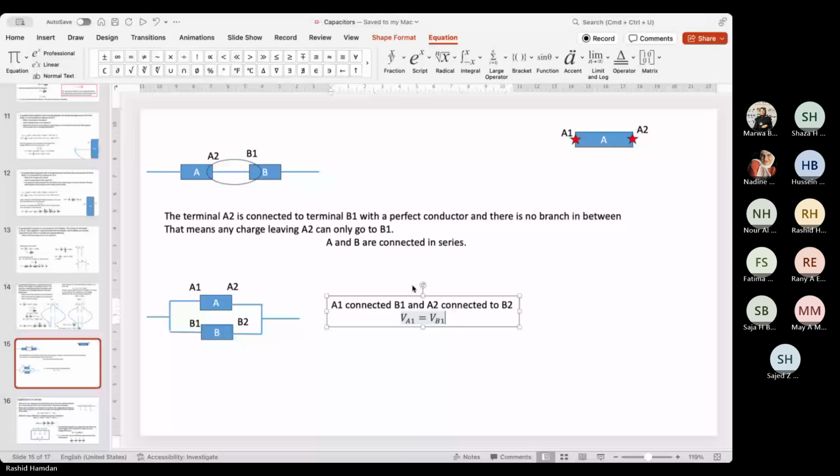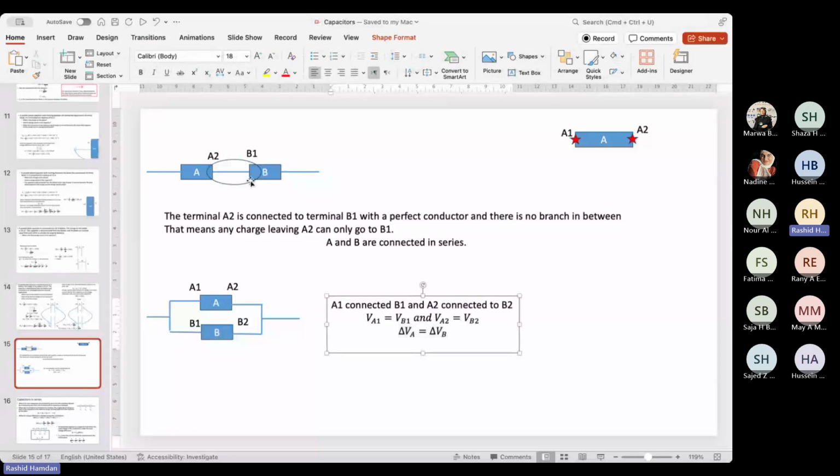And the voltage at A2 is equal to the voltage at B2. So it means that we don't care about the absolute voltage, we care about the difference in voltage. So delta V, the voltage difference between the terminals across A, is equal to delta V B. The voltage difference across A is equal to the voltage difference across B.